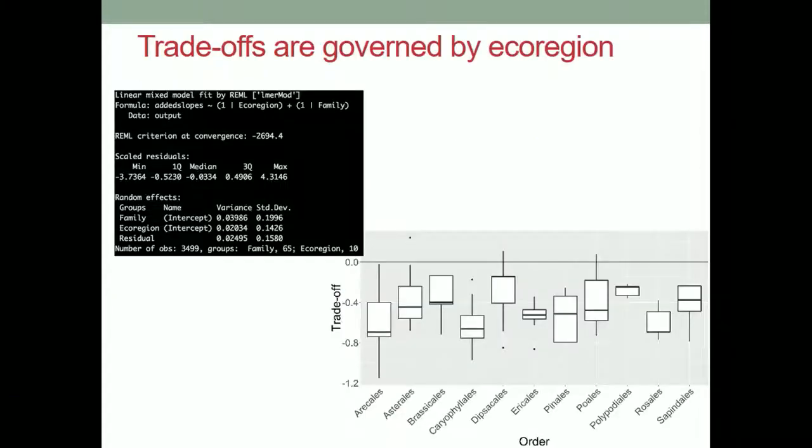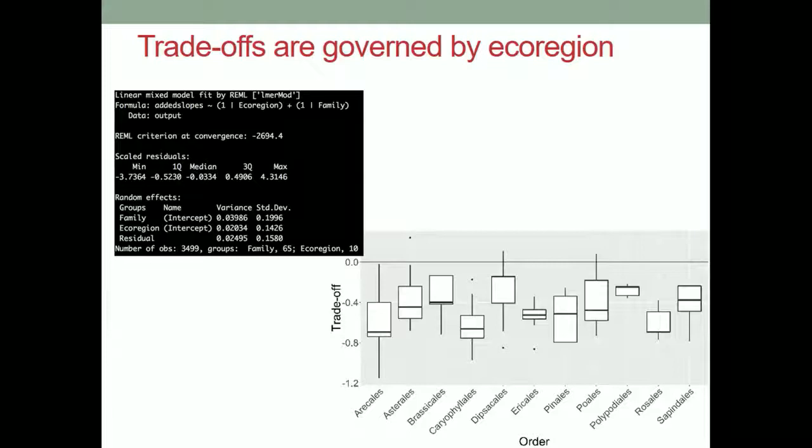If we go back to the first hypothesis, at the bottom this box plot has the orders along the x-axis, subsetted to the orders with the most data. There were several other orders, but there wasn't enough data to show anything worthwhile. The value of the trade-off is on the y-axis.